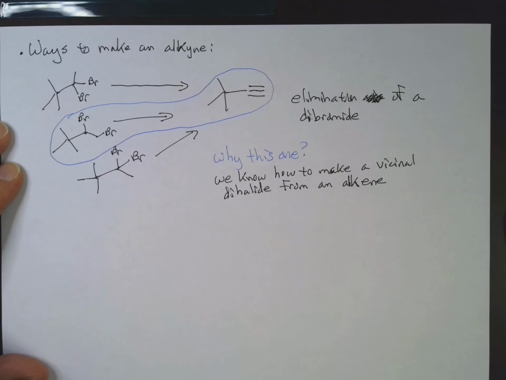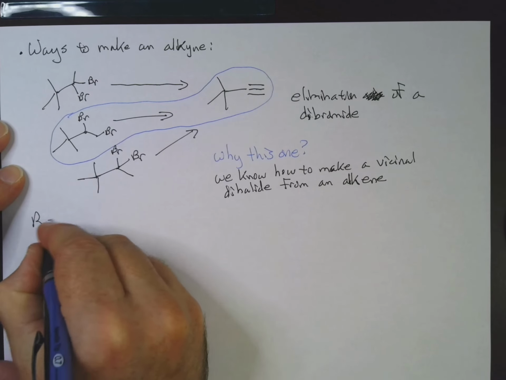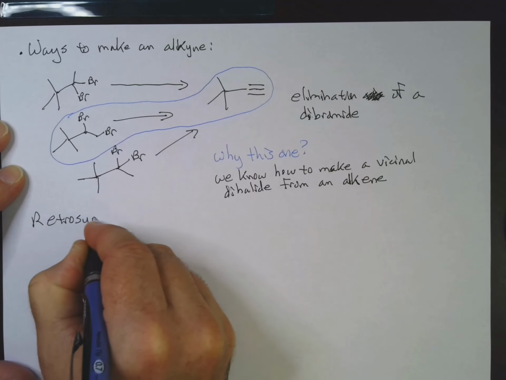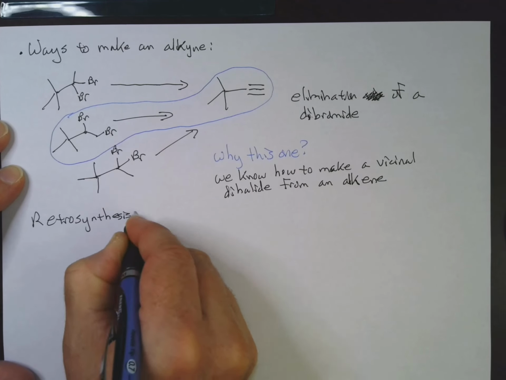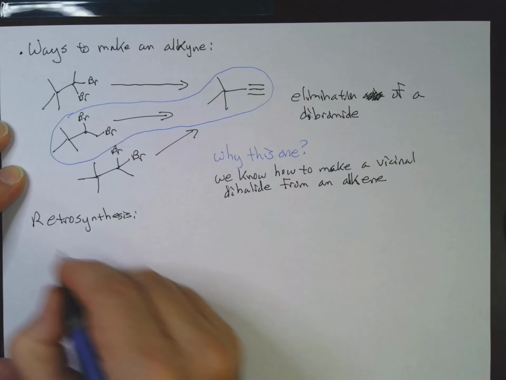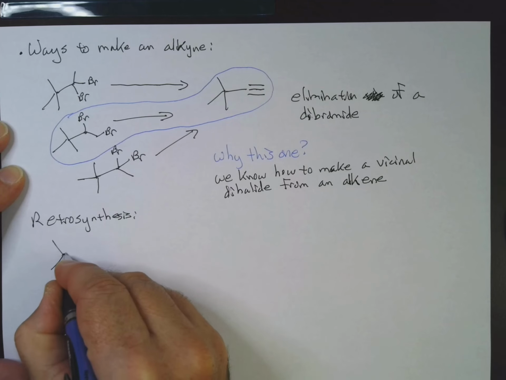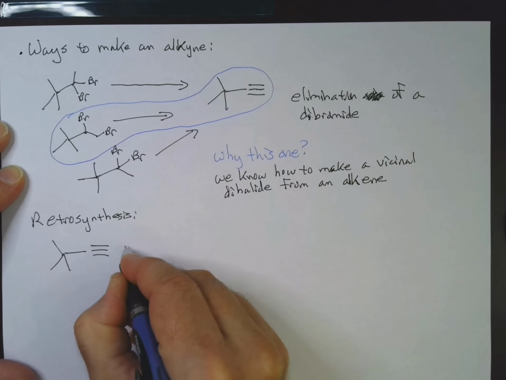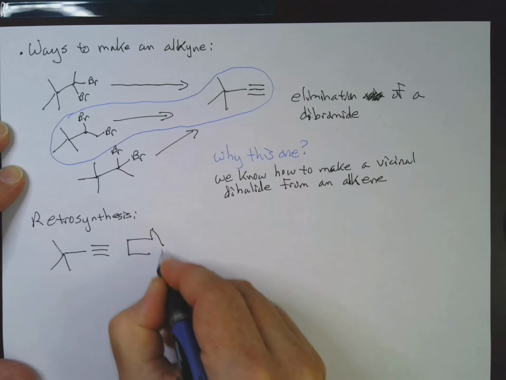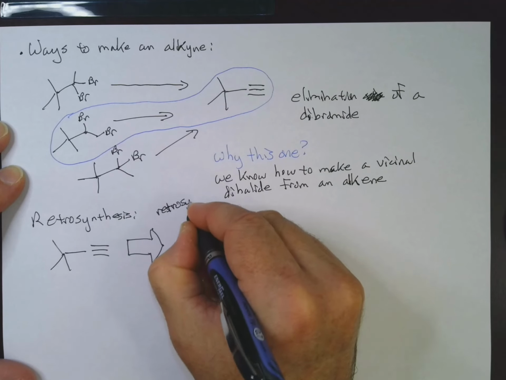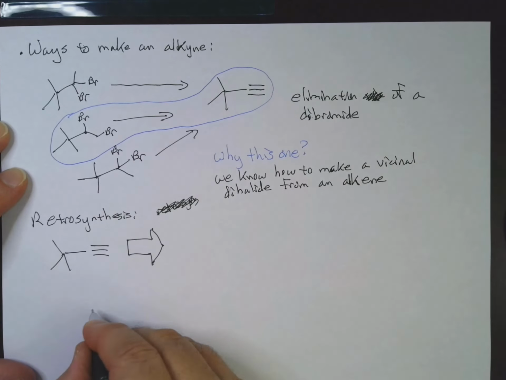So if I'm going to look at my retrosynthetic analysis, I'd go ahead and draw it as follows. I use a block arrow. So this is my retrosynthesis here.